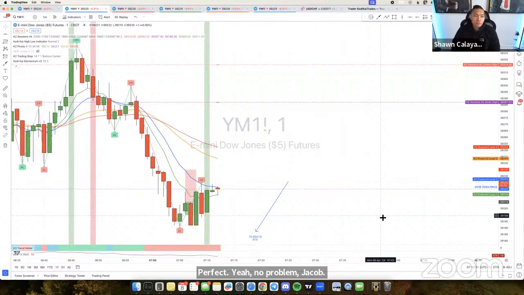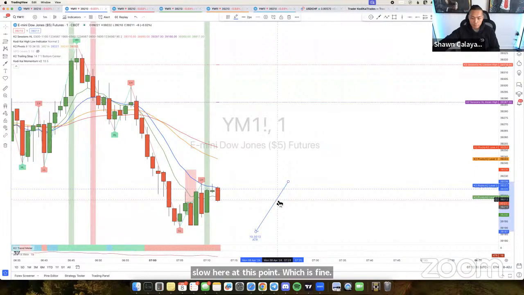It's dropped from 23 down to 18. So you guys can see the market is getting very, very slow at this point, which is fine. It's fine because this strategy is okay during these types of markets.